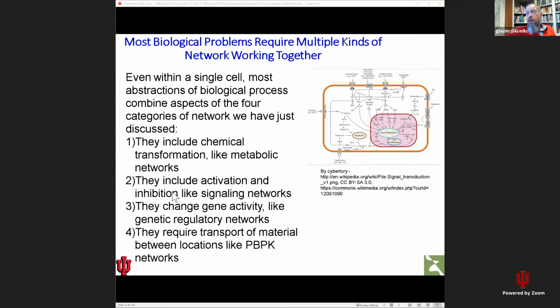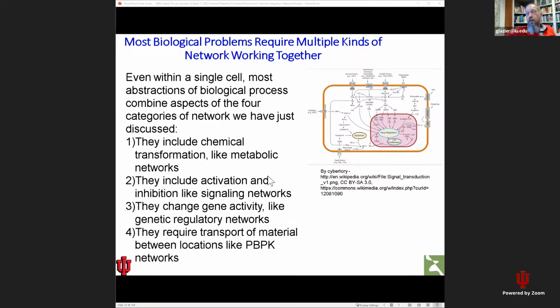In reality, almost all biological problems require multiple kinds of networks working together. They'll include some level of chemical transformation. They'll include some level of activation, inhibiting, and signaling. They often will change gene activity, and they always will require transport of materials between multiple locations.